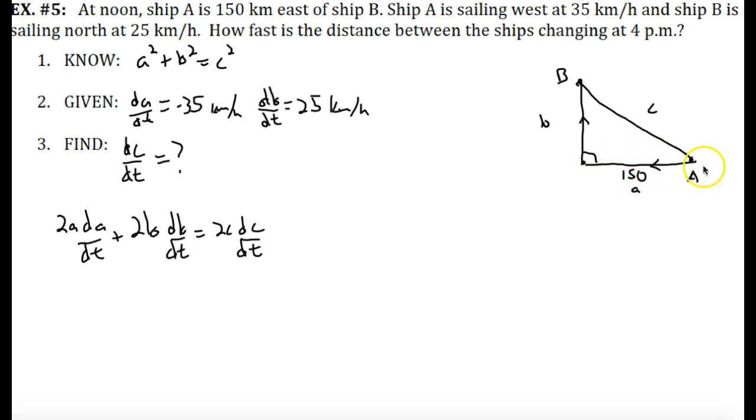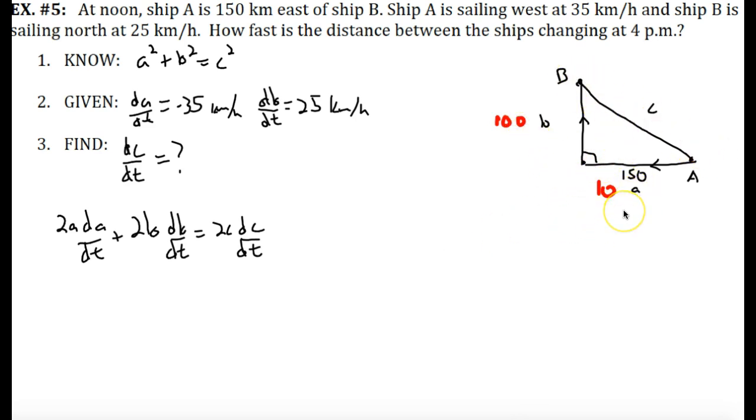Similar idea here. If B started here and traveled 25 kilometers per hour for 4 hours, it traveled 100 kilometers. So A is 10, B is 100.